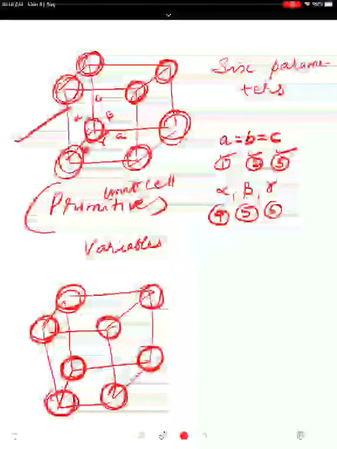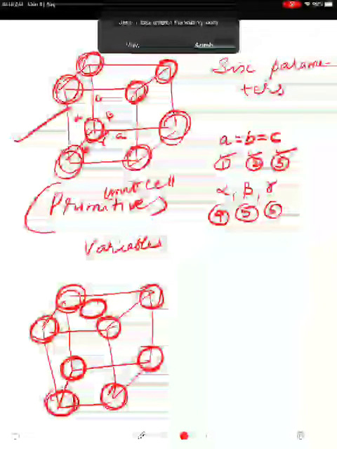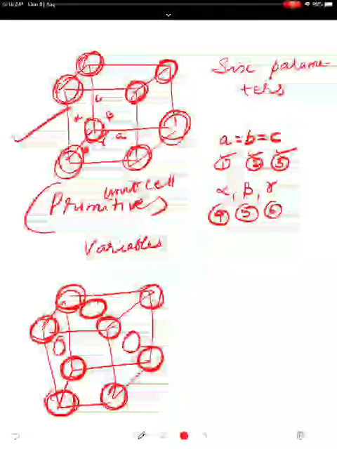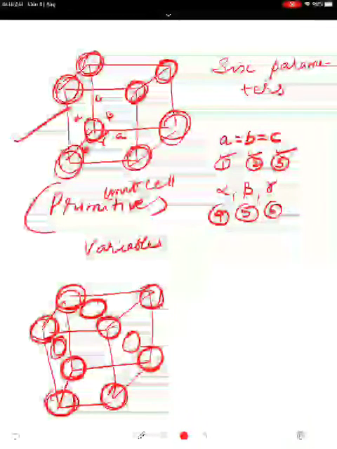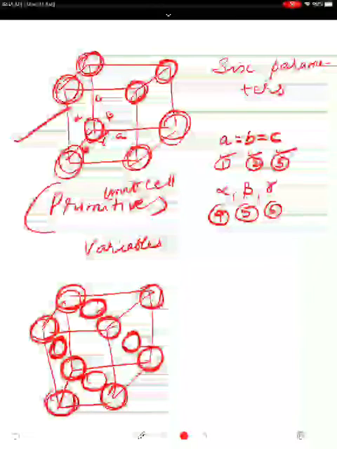So I am rubbing these things also. In addition to these corners, if atoms are present at the face center, face center, how many faces are there for a cube? 6 faces are there. So this is top face, bottom face, then this side face, and one face behind, and here the front face.